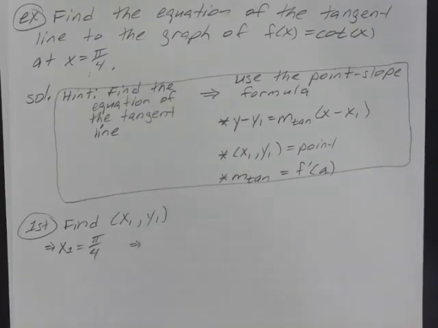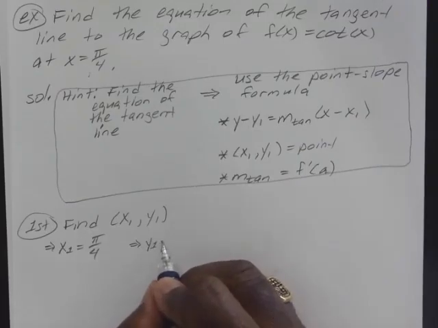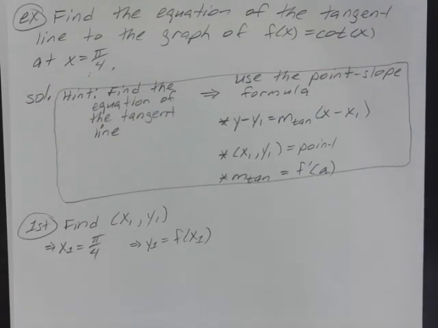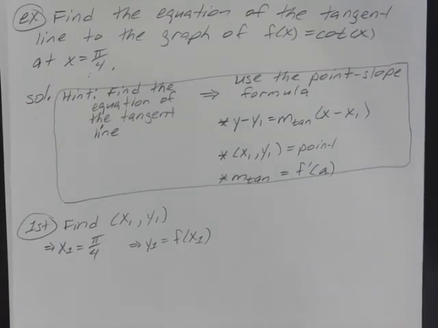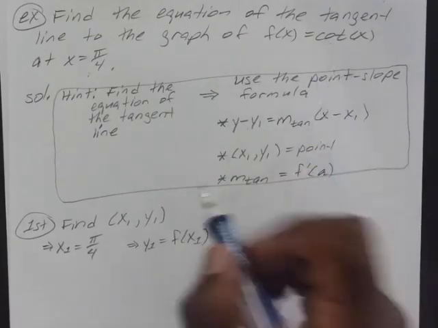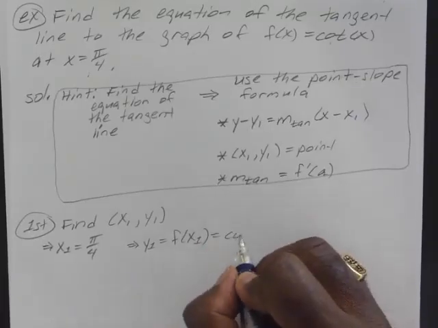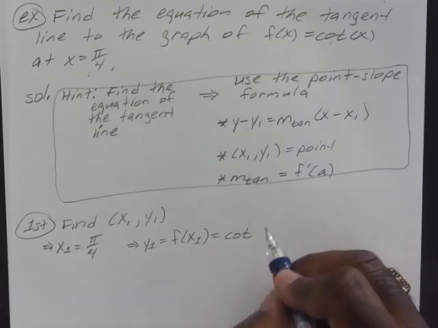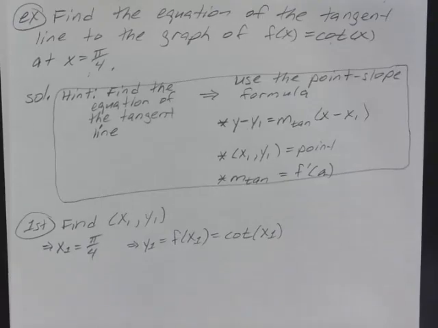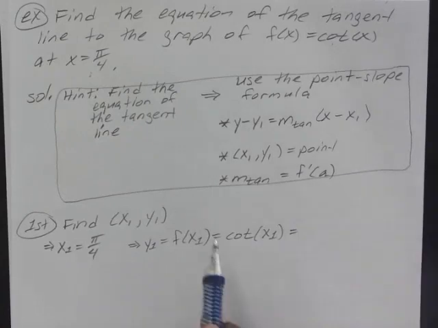Now to find our y1, our y number 1 is just equal to f of x number 1. Because y is equal to f of x. Now our f of x is cotangent of x. So this is just cotangent of your x number 1. Okay.